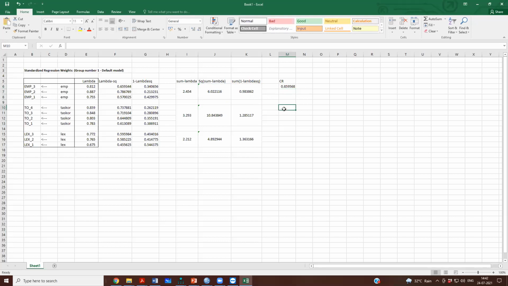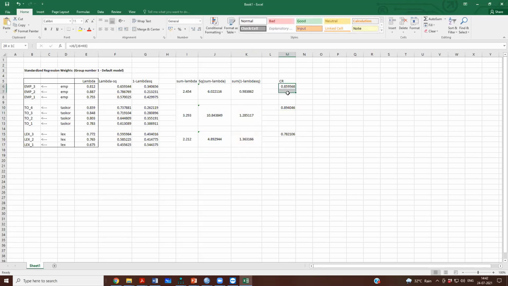Similarly, we will compute composite reliability for task orientation: sum of lambda whole square divided by sum of lambda whole square plus sum of 1 minus lambda square. So it becomes 0.89. And then for the third construct again, sum of lambda whole square divided by sum of lambda whole square plus sum of 1 minus lambda square.